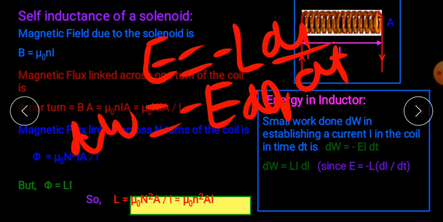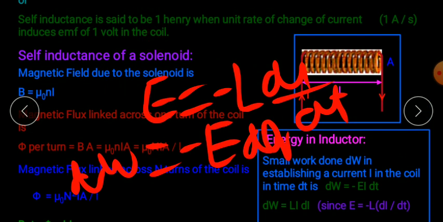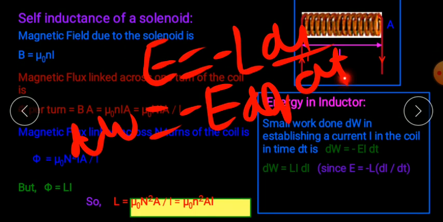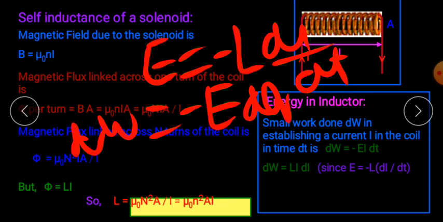With e equal to minus L di over dt, we have dw equal to L i di.